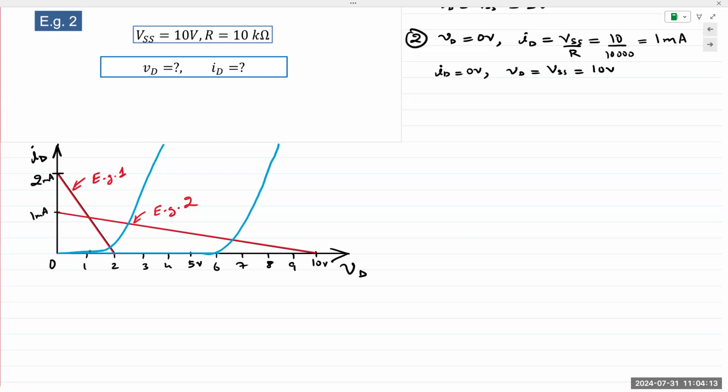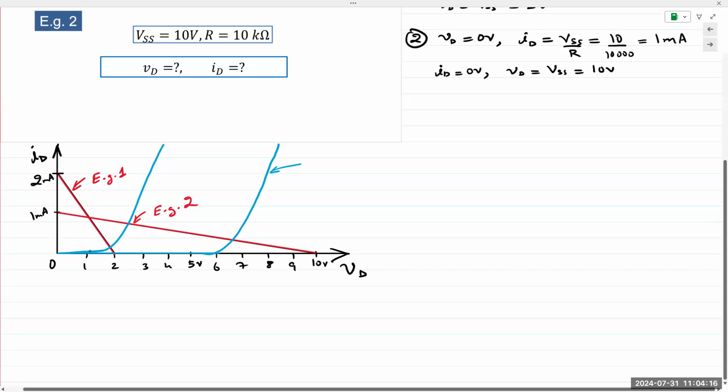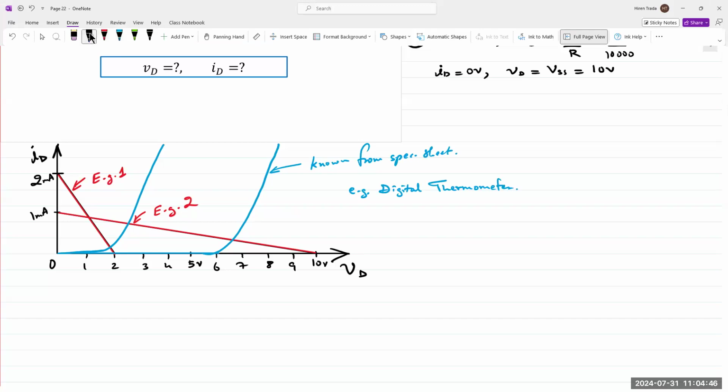So if you already know this, which of course comes from the manufacturer of the diode, from the spec sheet, and let's say you're trying to build a digital thermometer as an application, then depending on the space that you have available, you would know whether you can insert 1 small battery, 2 batteries, 3 batteries perhaps.